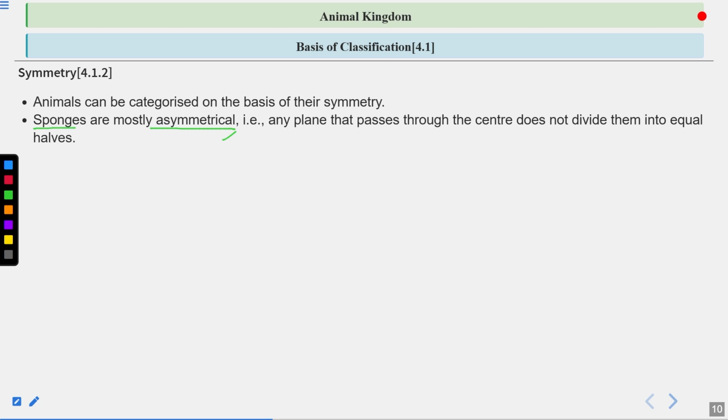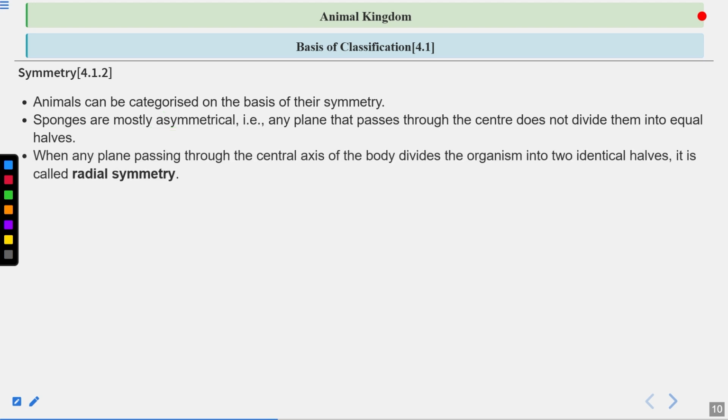So the sponges, that is the poriferans, they are asymmetrical. So this is not a very advanced feature. The advanced feature we will see later on. Asymmetry: any plane that passes through the center does not divide them into equal halves. So this is the lower feature.